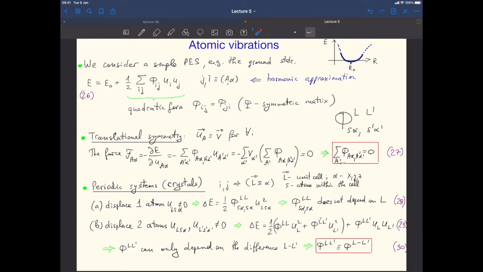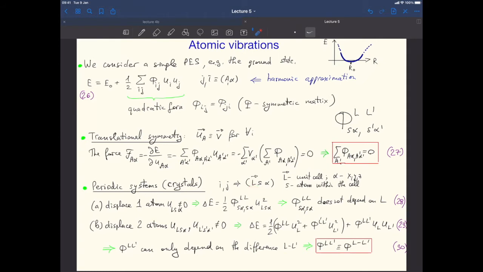The second property is related specifically to periodic crystals. In the case of periodic crystals, the atomic index capital A should be written more precisely because we have to indicate atoms both in the unit cell they belong to, which corresponds to a particular lattice vector, and also within this cell what this atom is, so we have to indicate the basis index S. So to indicate degrees of freedom in a periodic crystal, you have to indicate these three letters.